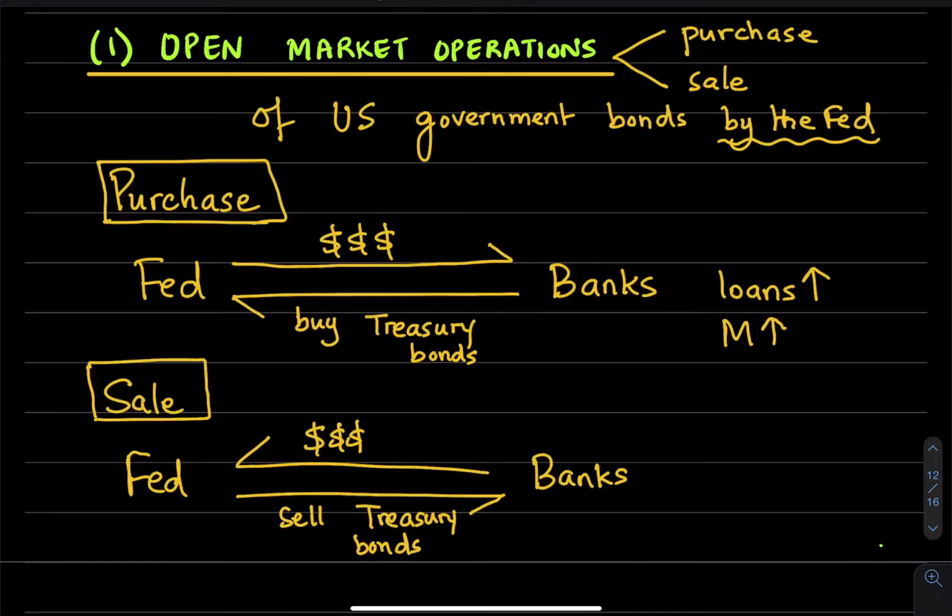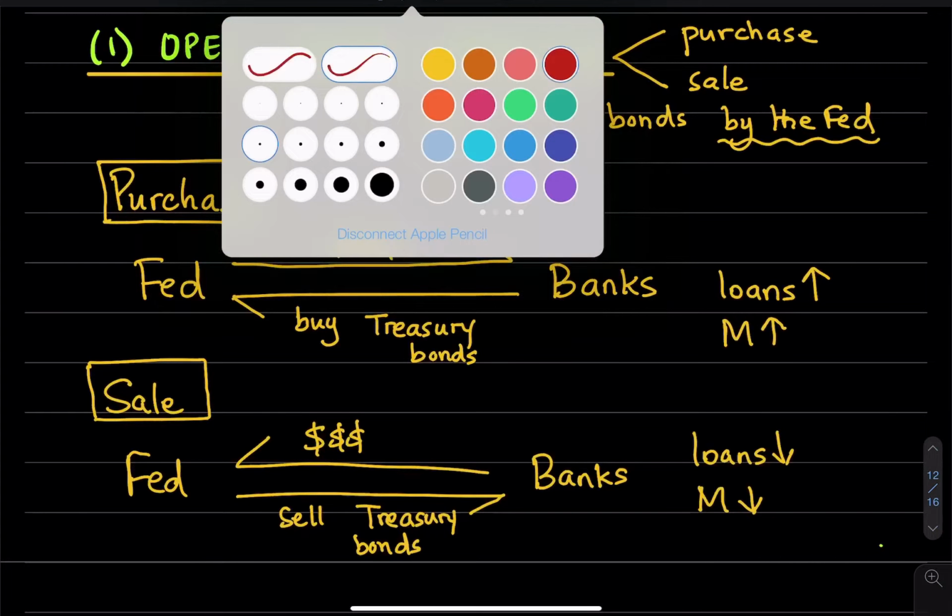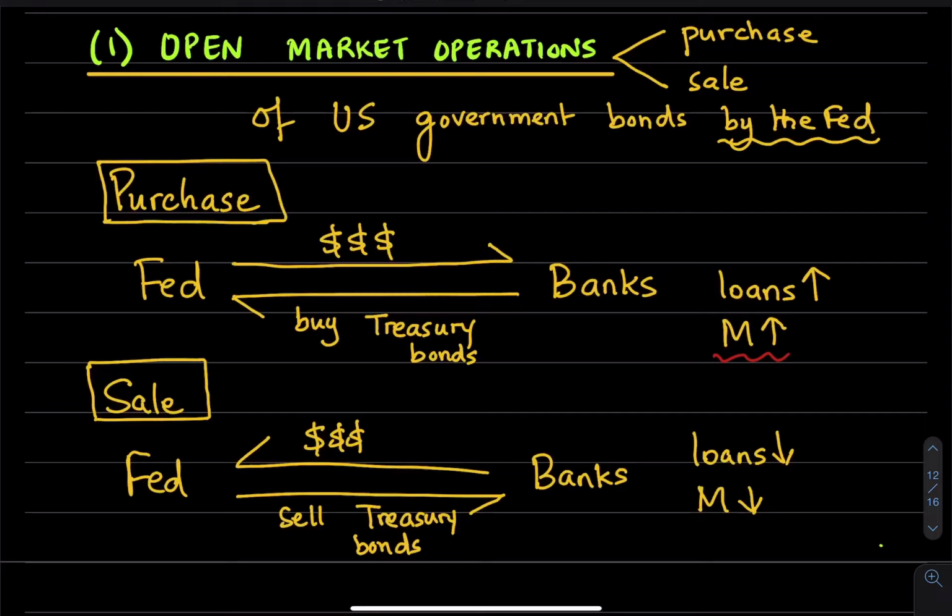And since money is flowing from the banks to the Federal Reserve, banks have less liquidity and are able to make fewer loans. And this would decrease the money in the system. So depending upon what the Fed wants to achieve, whether it's an increase or decrease of money in the system, it's going to carry out open market purchases or sales.